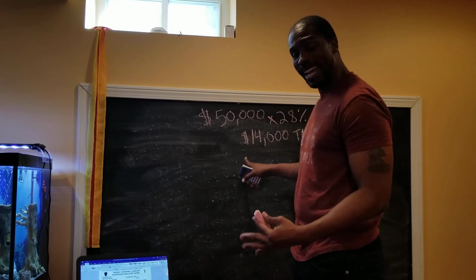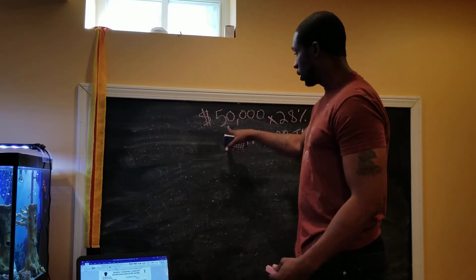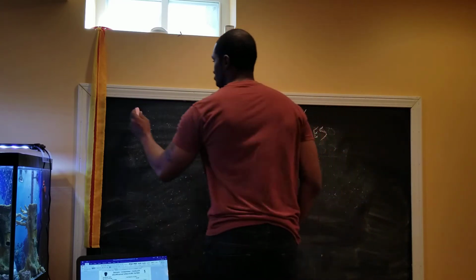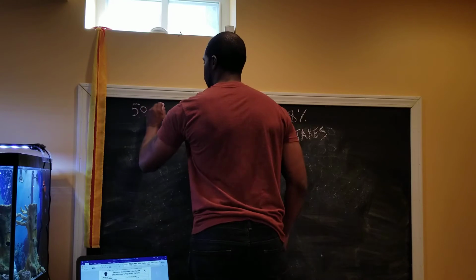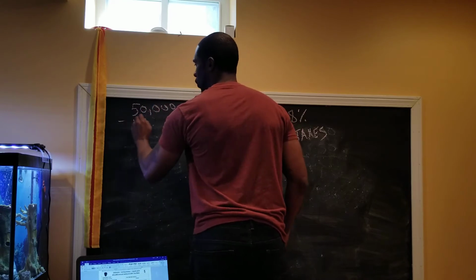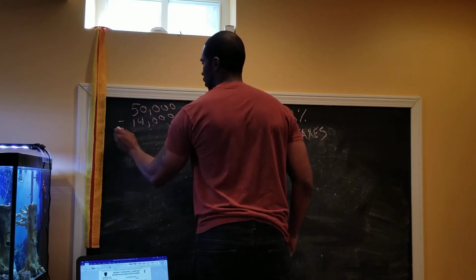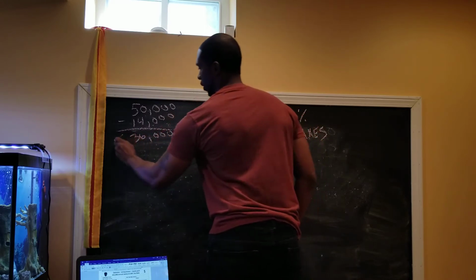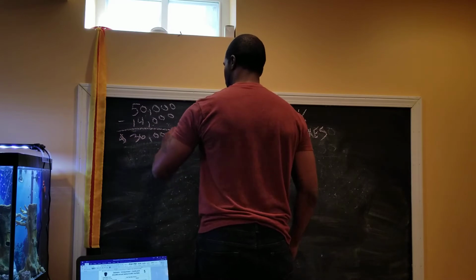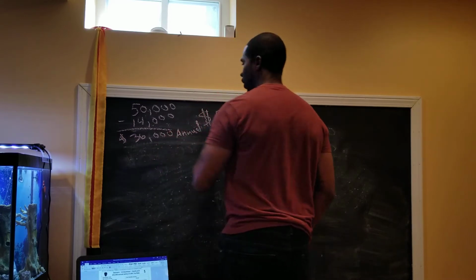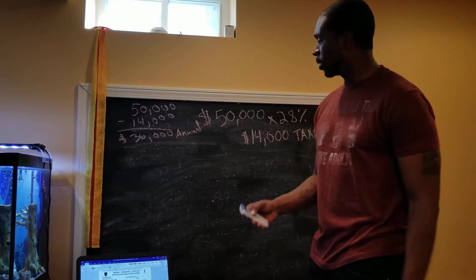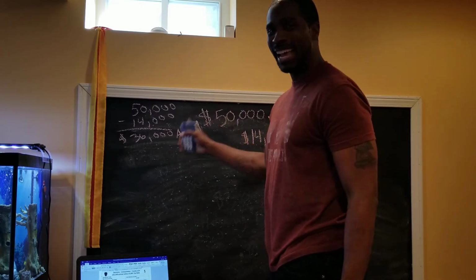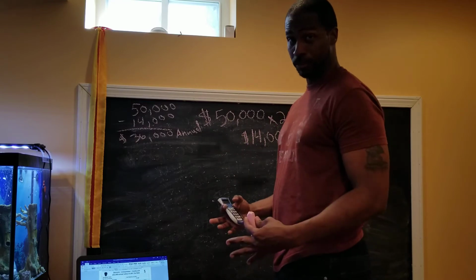So to get my net annual income, I subtract the 14,000 from the 50,000. So 50,000 minus 14,000, and I get $36,000. So that 36,000 represents my annual income after taxes for the entire year.